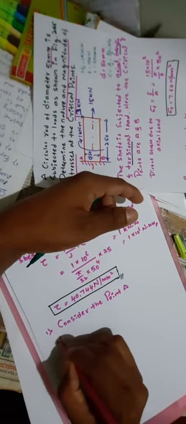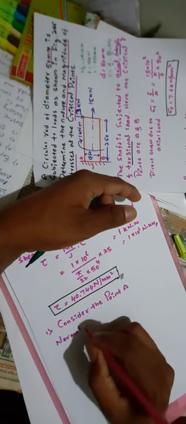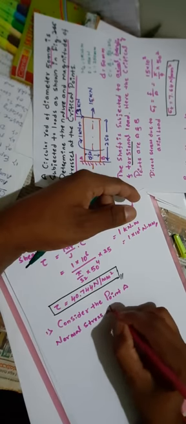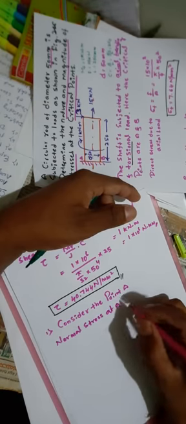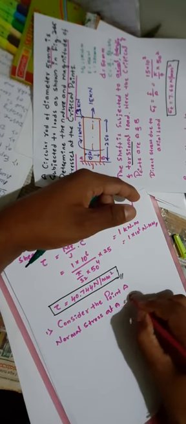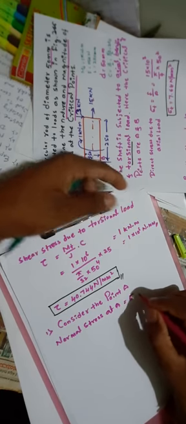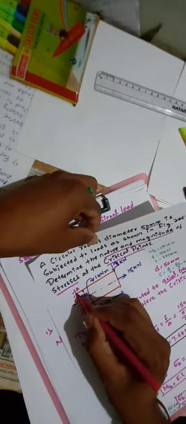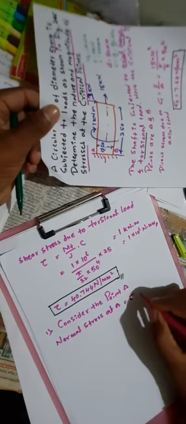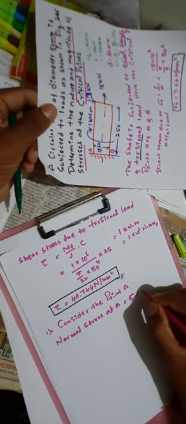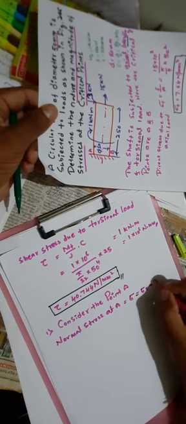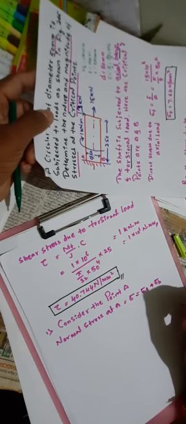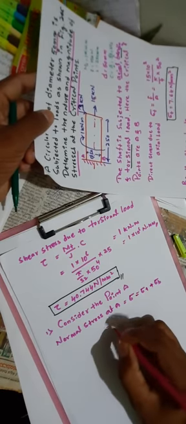The normal stresses at A: sigma is equal to sigma T plus sigma B, tensile plus bending. So what is sigma T?